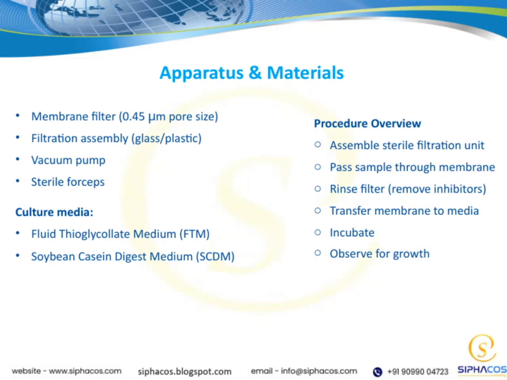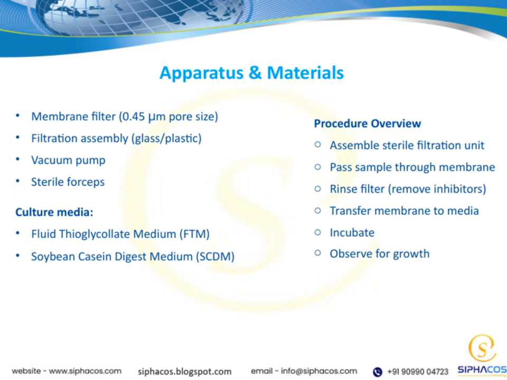First, you'll need to assemble a sterile filtration unit. This step is crucial to prevent contamination and ensure accurate results. Once everything is set up, pass your sample through the membrane, which acts as a filter to trap any microorganisms present. After filtration, it's important to rinse the filter carefully to remove any potential inhibitors that might interfere with growth detection.